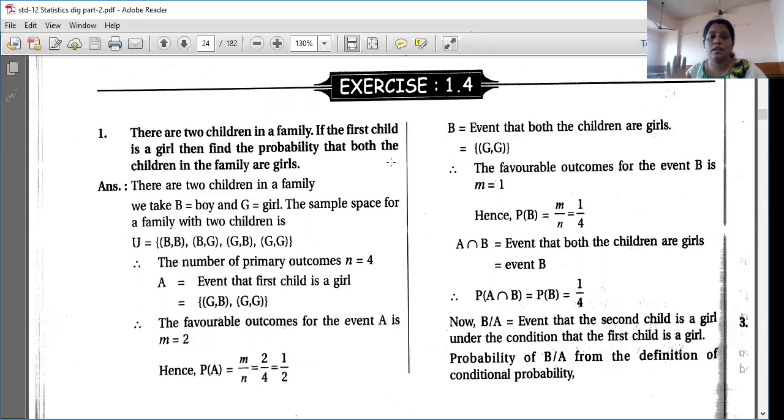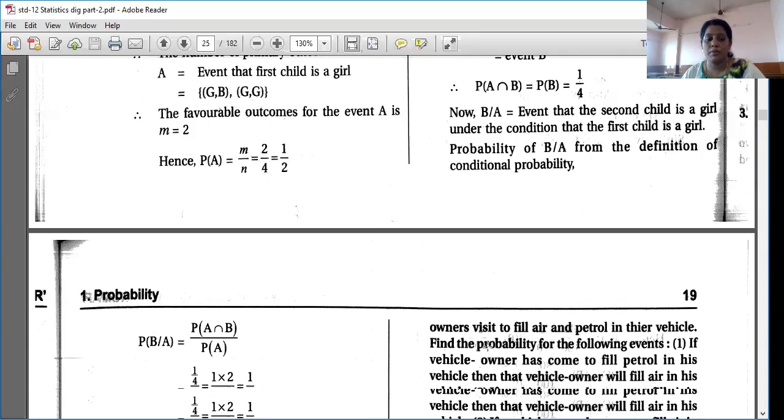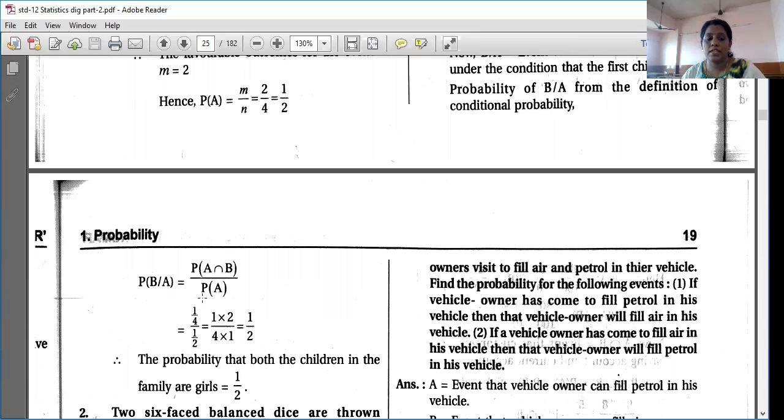Okay, so here first child is a girl, that means event A is coming after if. So we will be considering it as P of B by A. Okay, so P of B by A is P of A intersection B upon P of A, that is 1 by 4 upon 1 by 2, that comes to 1 by 2. So your answer for B by A is 1 by 2.